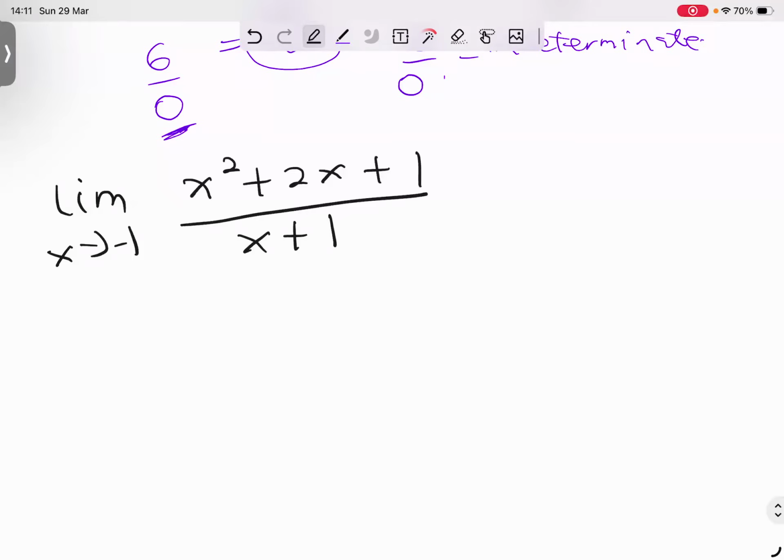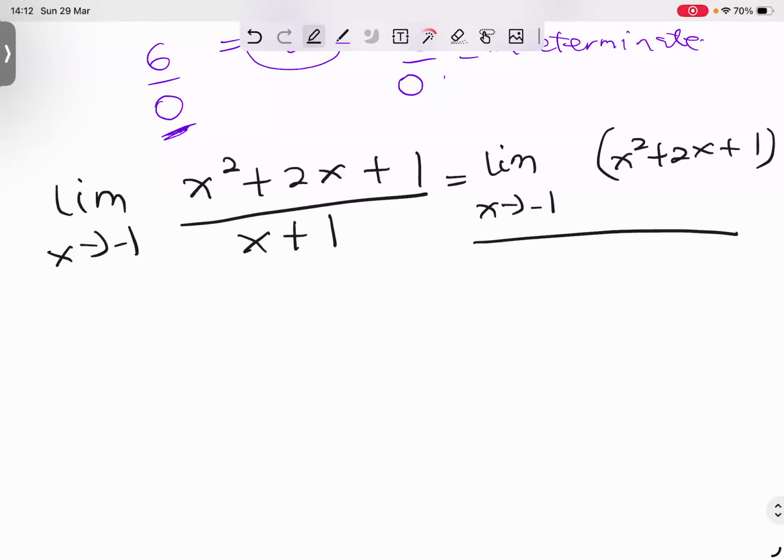Therefore, the quotient property allows us to separate the function into the quotient form. So this will give us the limit as x approaches -1 of x squared plus 2x plus 1 divided by the limit as x approaches -1 of x plus 1.